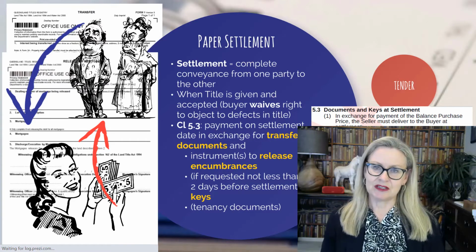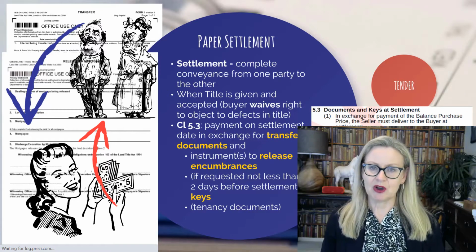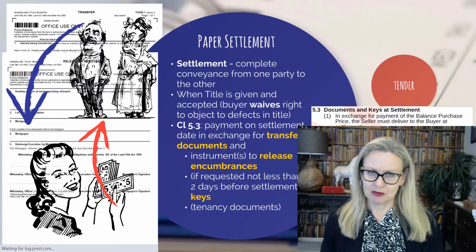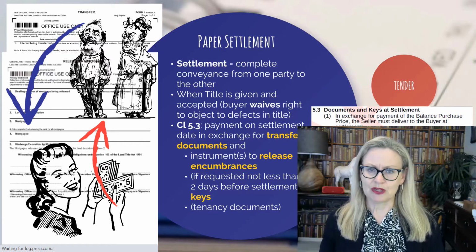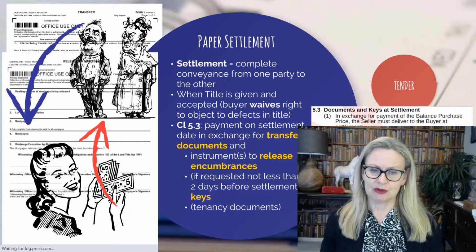Settlement is the milestone when title is given and accepted, and we'll be having a look at that a little bit more when we're talking about the doctrine of merger. From that time on, the buyer waives the right to object to defects in title.